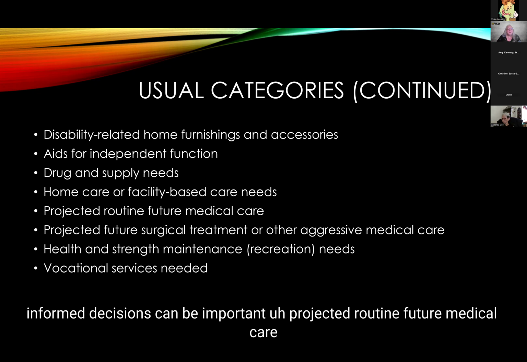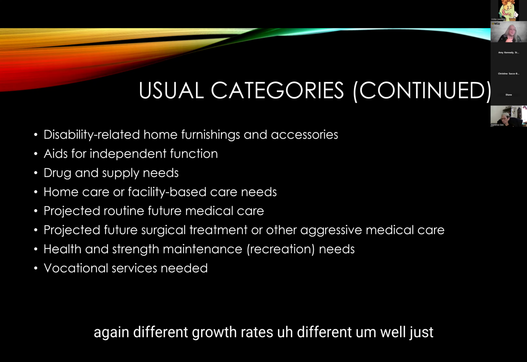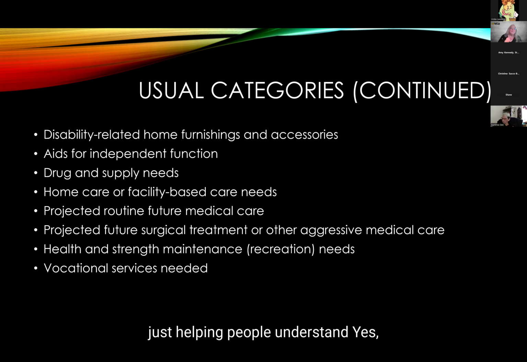Projected routine future medical care is separated from future surgical treatment or other aggressive medical care. Again, different growth rates, different, well, just helping people understand.